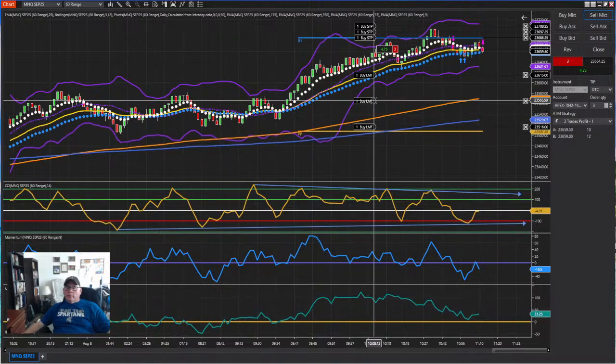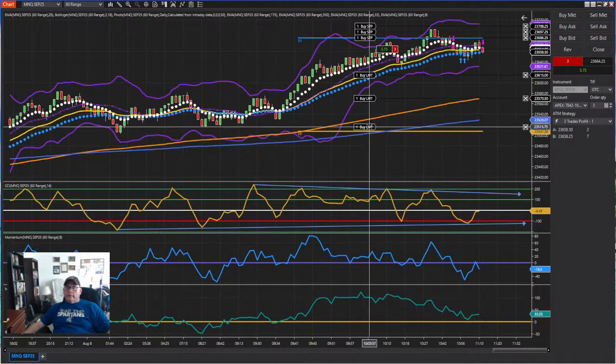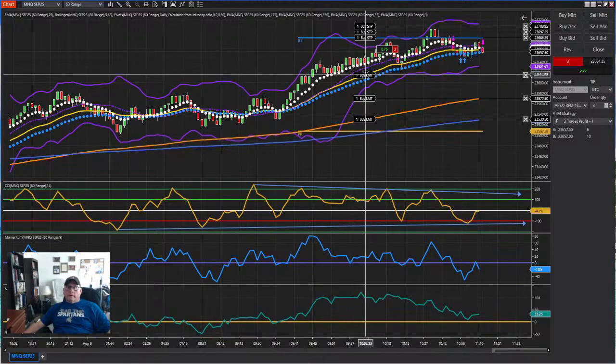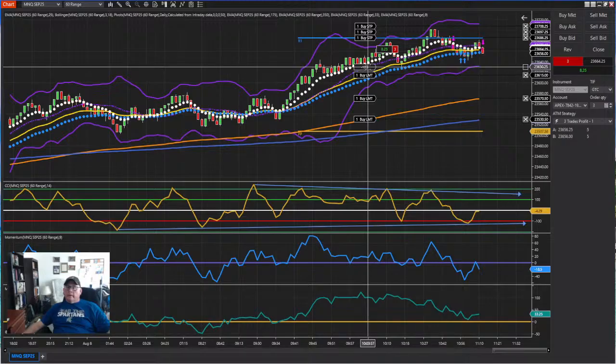Alright, so what we got going on here? We got a target right there, and we have a target right there. The initial target a little bit higher to about here.